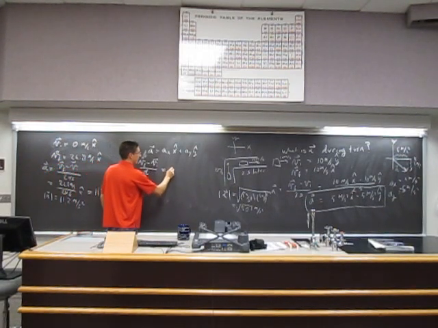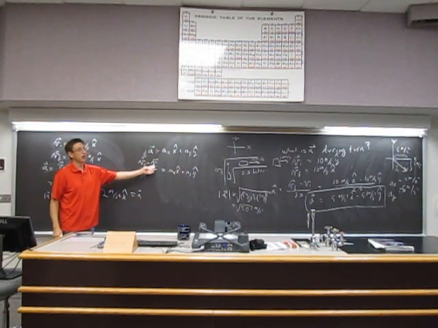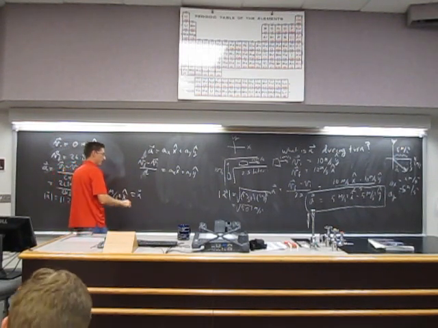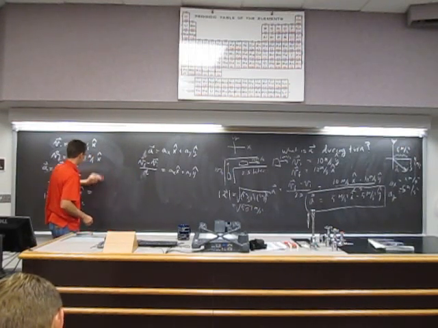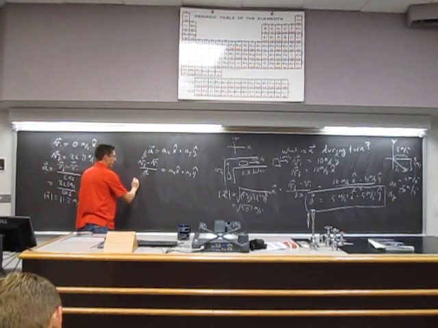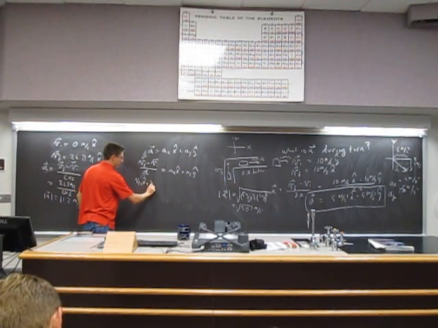And so I'm going to write that as a_x x hat plus a_y y hat. These velocities can have x and y components, so I'm going to write this out in gory detail. So I'm going to do v final x, x hat, plus v final y, y hat.